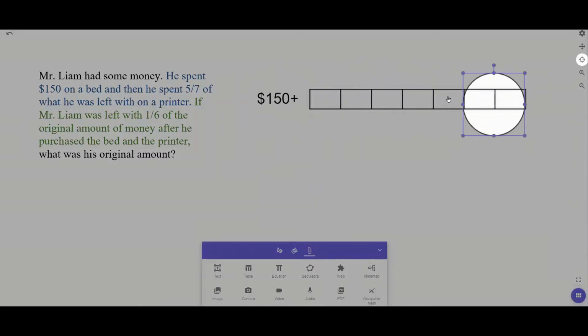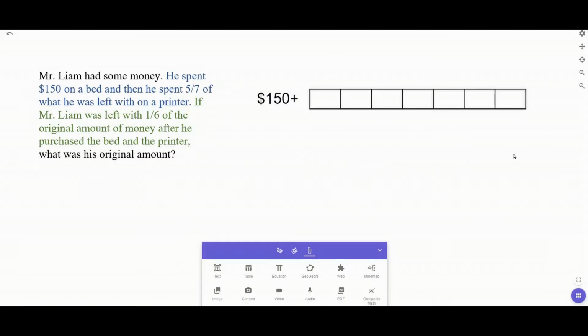All of this is the original amount of money that Mr. Liam had. All right, so he spent $150 on the bed. Then he was left with a bunch of money, and 5/7 was spent on the printer. So I'm going to shade 5/7 of what was left. And let's see what color I choose. Let's shade yellow.